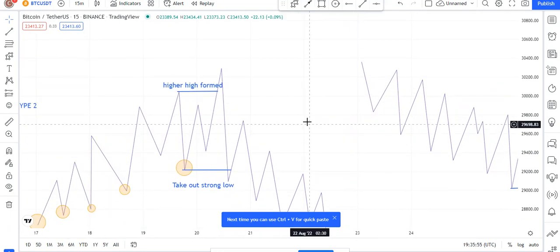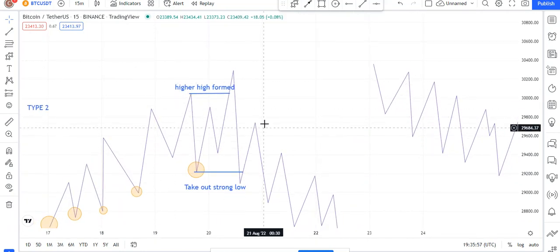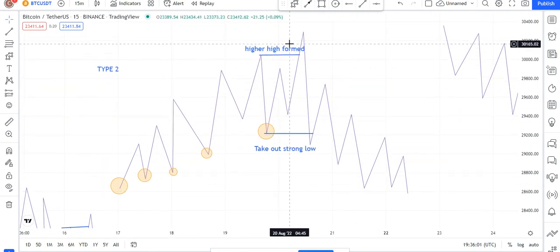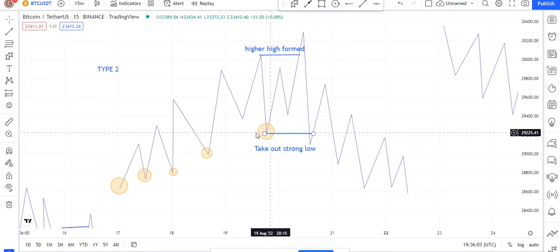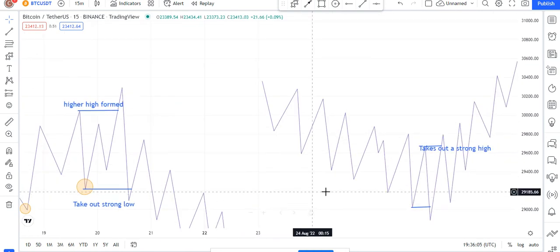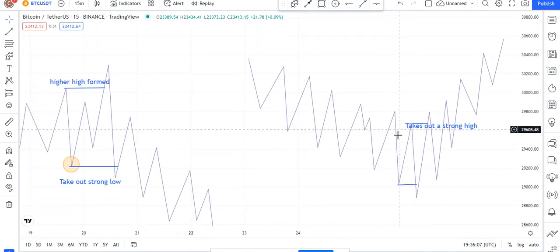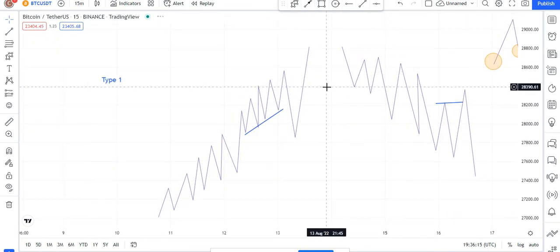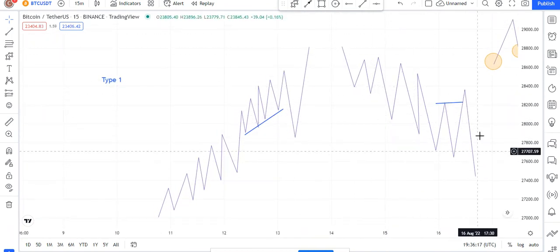So this is it in the downtrend. Sorry, this is it in an uptrend. So the uptrend totally changes, all right? It takes out a strong low and totally changes direction. And in a downtrend, it takes out a strong high and totally changes direction. Contrast it to this case here, where it's just a retracement and it still continues.